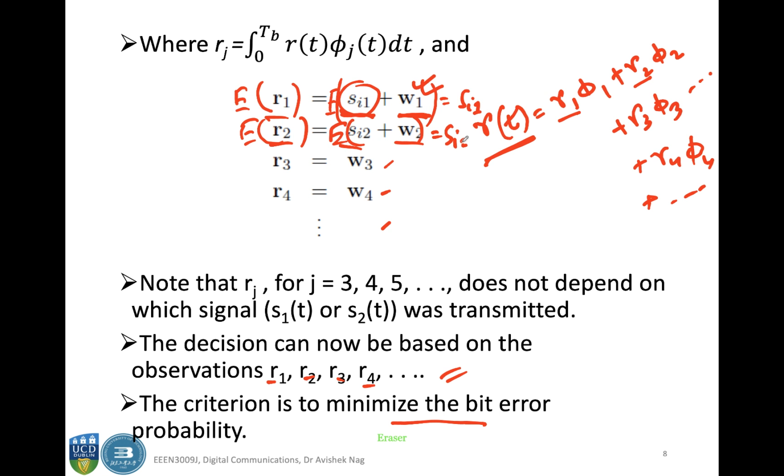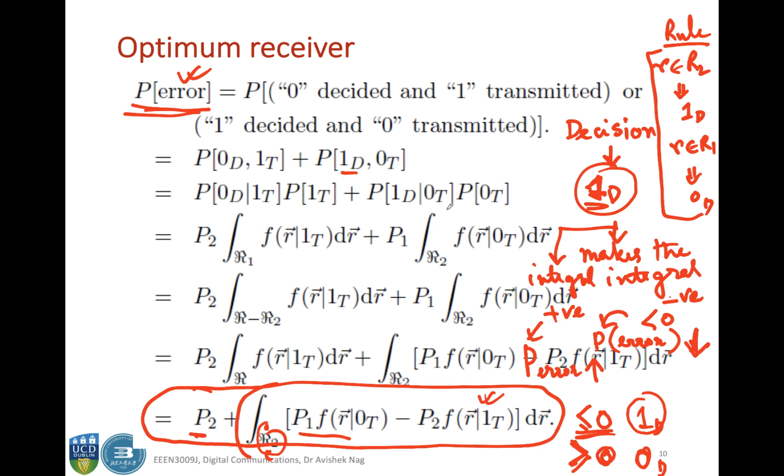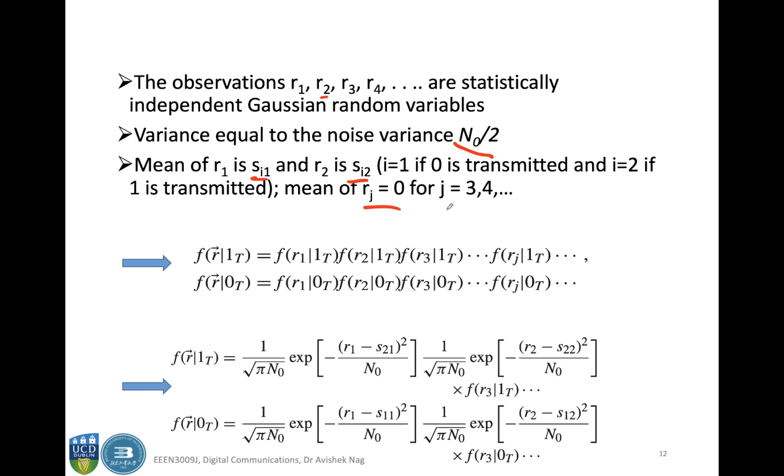And if you take the expectation of R3, this is the expectation of the noise itself, so this will be 0, and everything onwards will be 0. So the mean of R1 is Si1 and the mean of R2 is Si2, where i equal to 1 means 0 is transmitted, and i equal to 2 means 1 is transmitted. And for 3 onwards, the mean is 0.